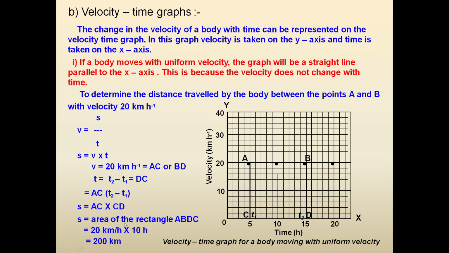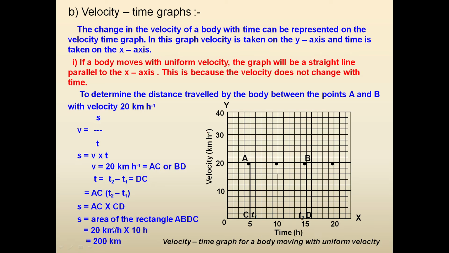So distance traveled is area, and area is given by AC into CD. You can see here it is AC and this is CD. Length into breadth, AC into CD. Now AC is equal to 20 km per hour, and CD is 10 hour.